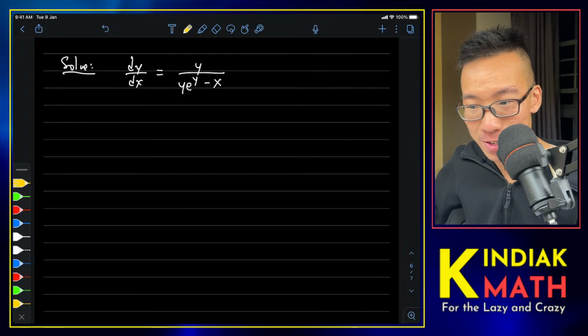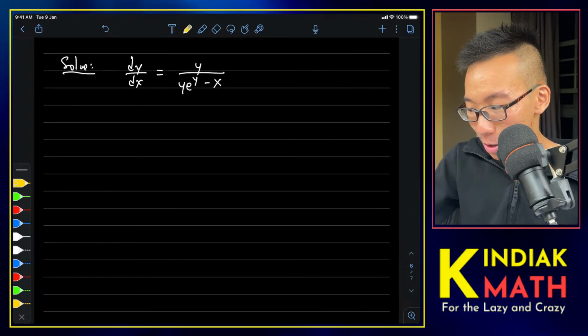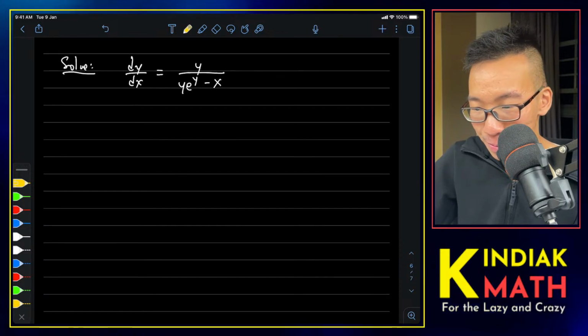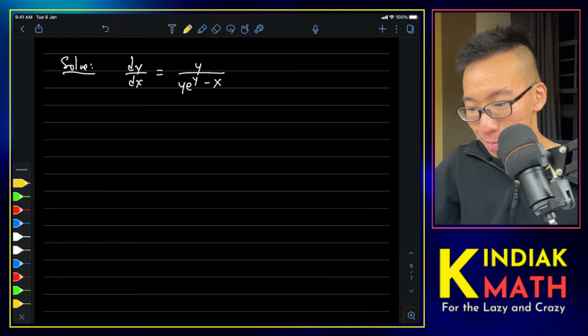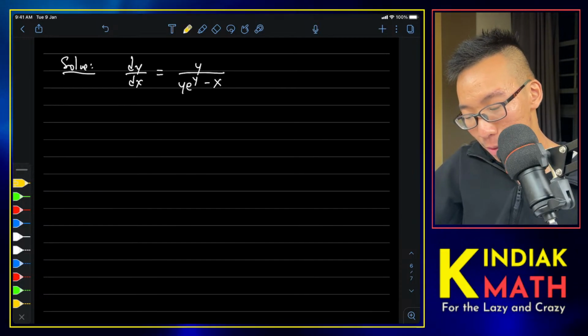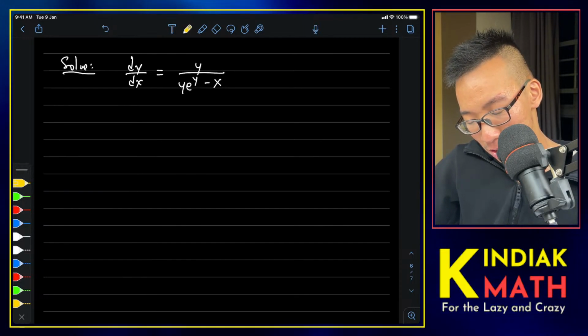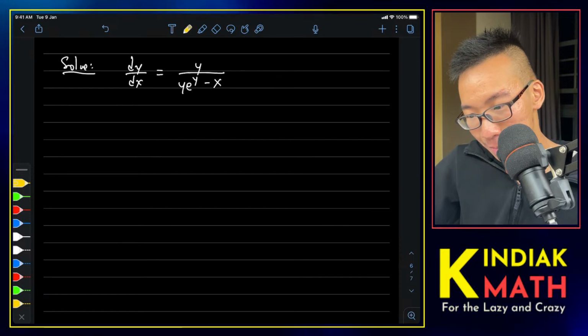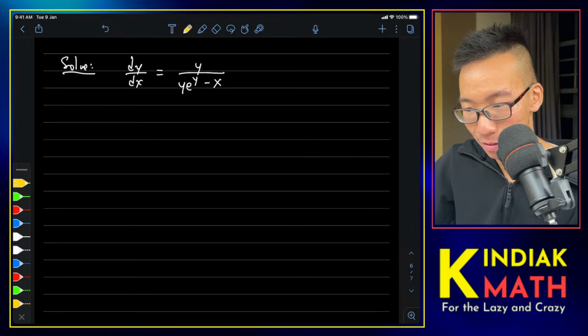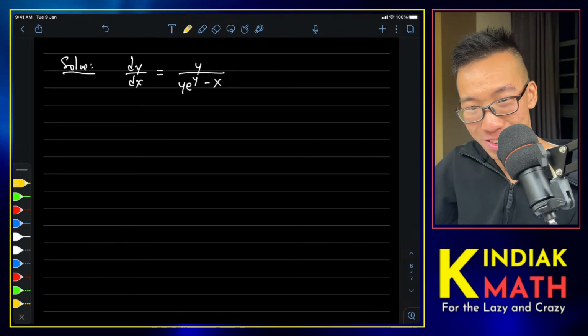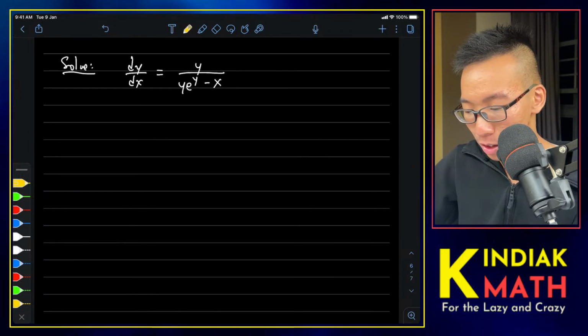Let's solve this differential equation. Now this equation looks absolutely horrible, and you might struggle with this for a while. I don't know if my student actually solved this equation the other time. I'm not too sure. But at first glance, it seems like it's not a very easy equation to work with.